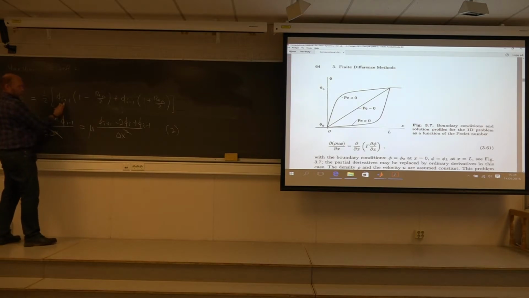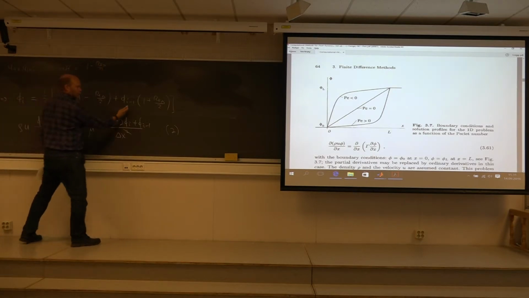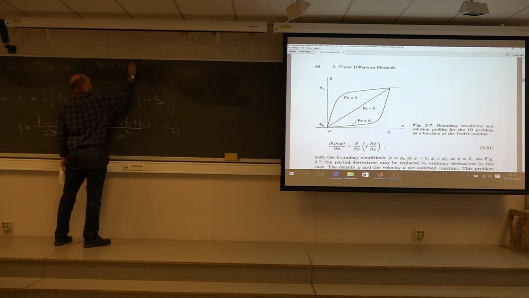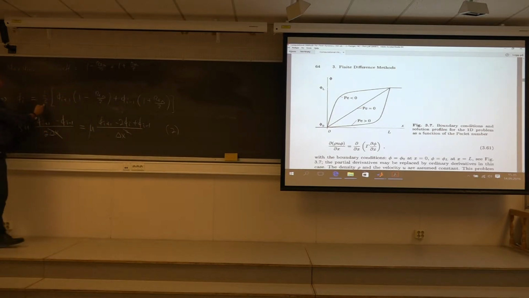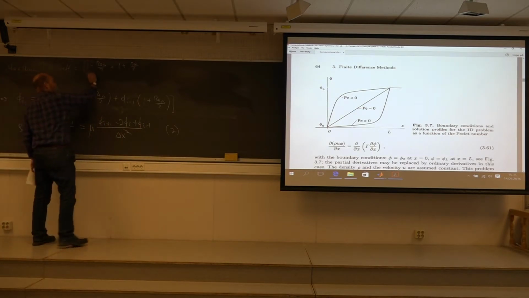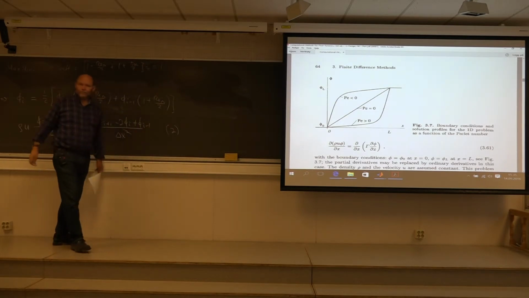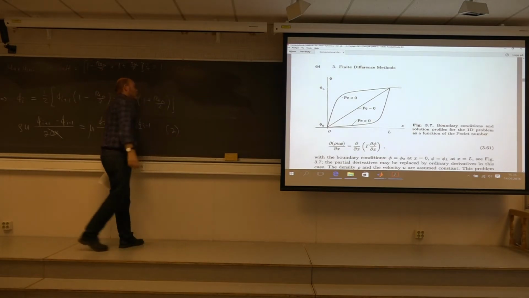Well, for this phi i plus 1, you have the coefficient 1 minus cell Reynolds number half, and the coefficient here, that is 1 plus cell Reynolds number half, and then finally 1/2 in front of all of these. And you see the sum is 1. Perfect. You can use the method.